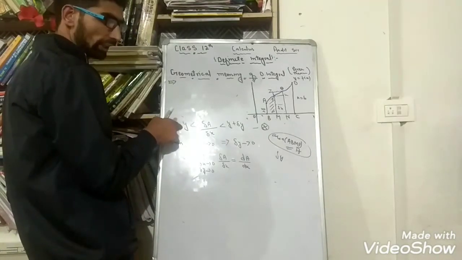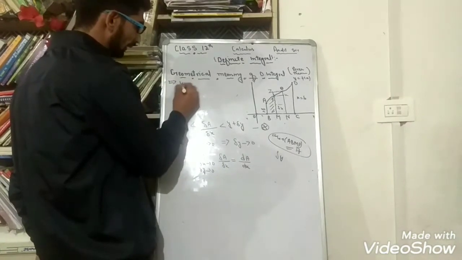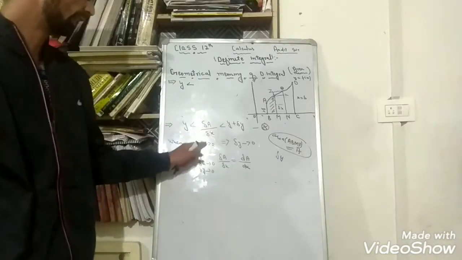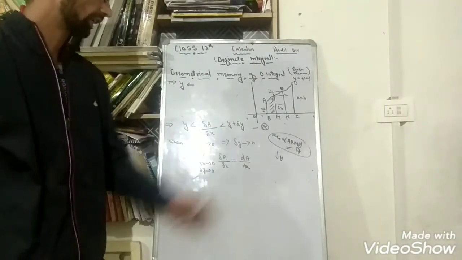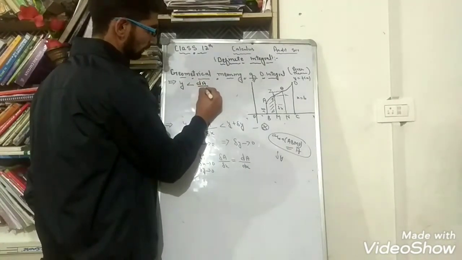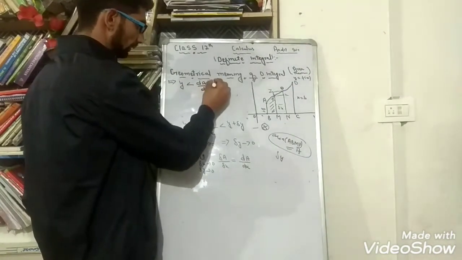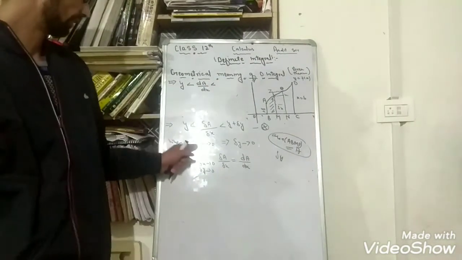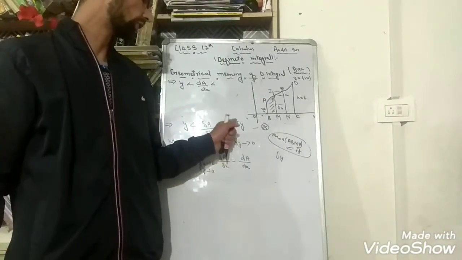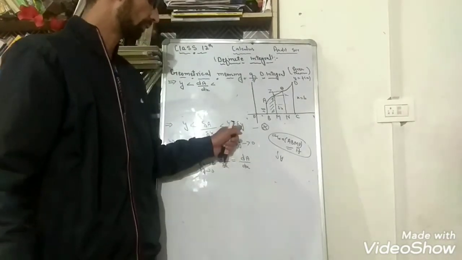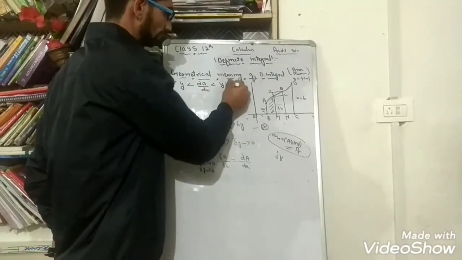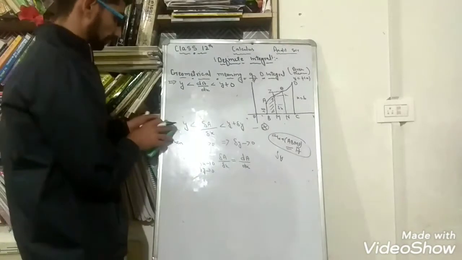Here is not del X and del Y, so Y will be Y. But we know that when we are approaching del X and del Y to 0, del A by del X is getting equal to dA divided by dX. So here it will be dA divided by dX, and then less than, we are turning this del X and del Y to 0. So here del X turns to 0, del Y turns to 0. When del Y turns to 0, so here del Y becomes 0, but Y plus this del Y will become Y. So now you can erase this.